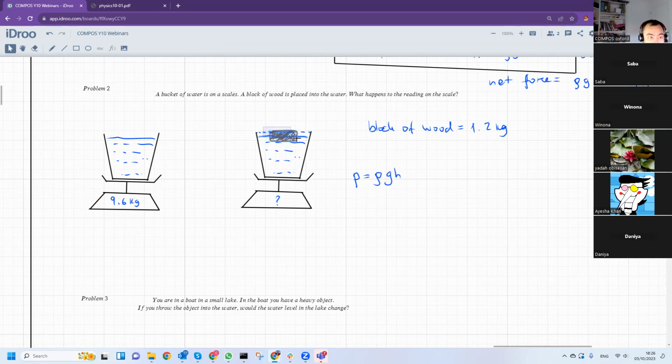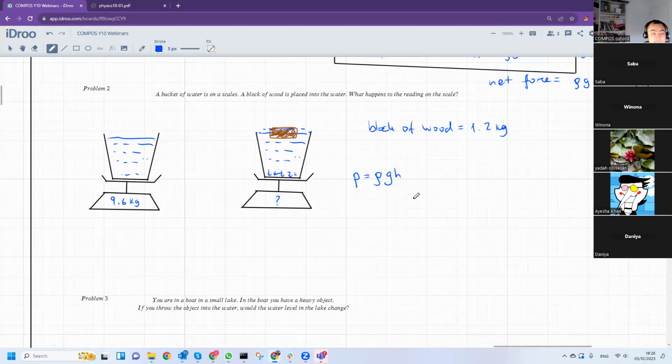It has to. And because it increased, the depth has increased. And so thus the pressure on the bottom has increased, therefore the force on the scales has increased.